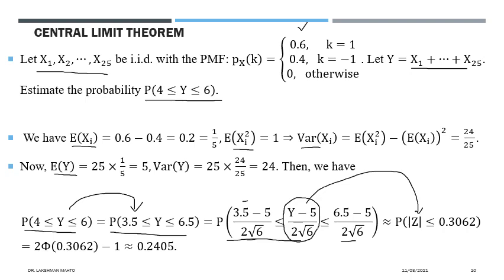That's why I have taken it in modulus form, and easily we can calculate this from the normal table. This probability would be 0.2405. All these calculations are done without knowing the distribution of the actual quantity. All these are applications of the central limit theorem.